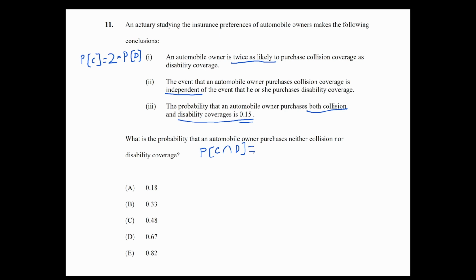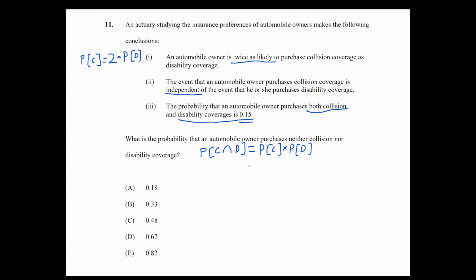With the rule of independence, it's going to be probability of C times probability of D. Now, luckily, we already predefined what probability of C is, which is 2 times probability D.